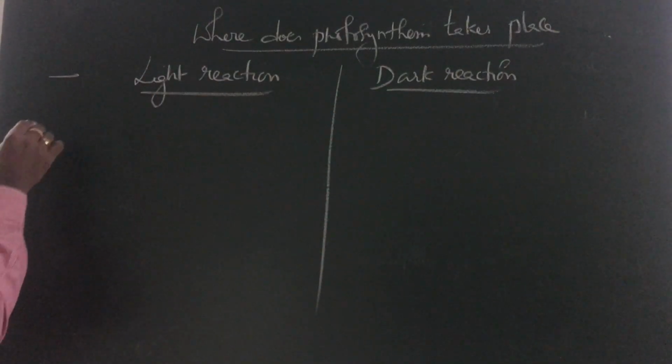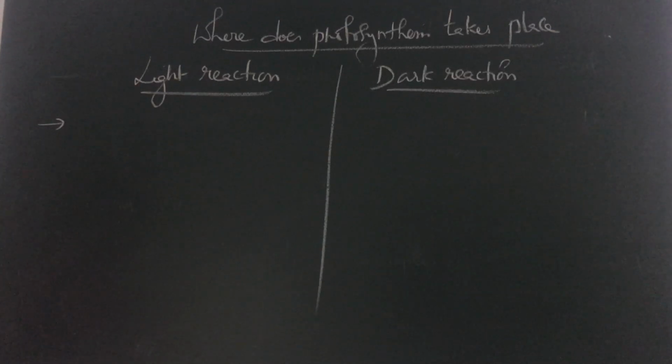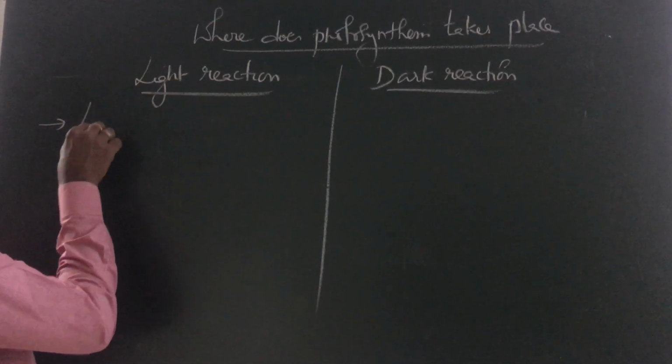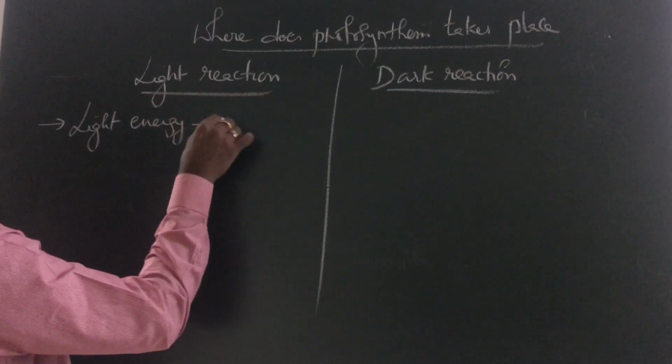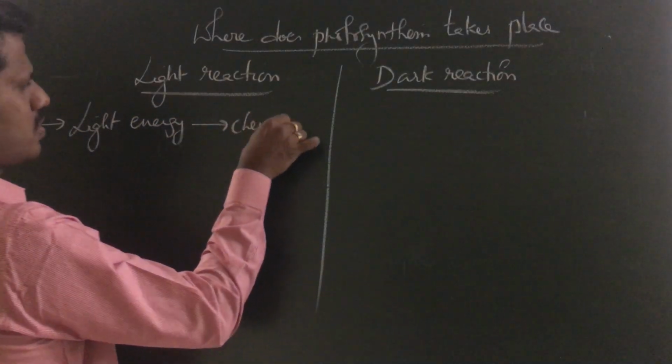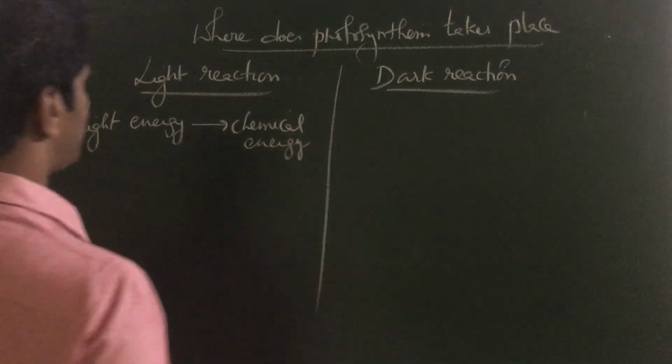In the light reaction, light energy is converted to chemical energy. That is what we see.